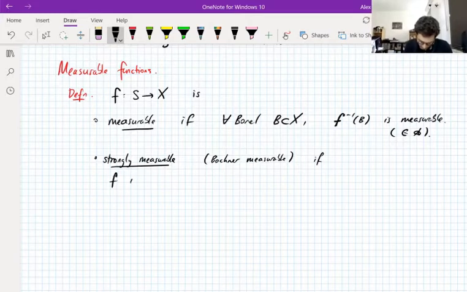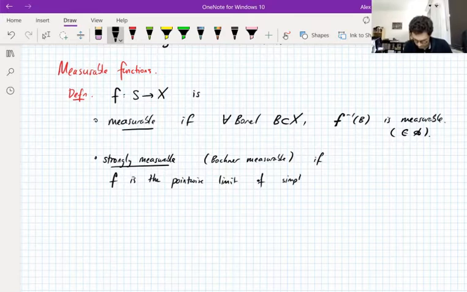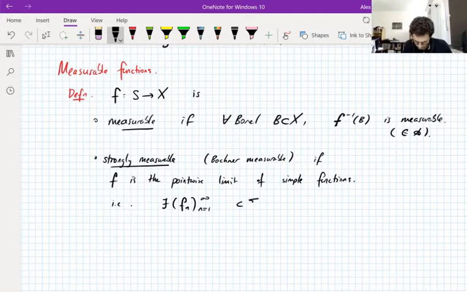F is strongly measurable if F is the pointwise limit of simple functions. So by that I mean there exists a sequence Fn in the set of simple functions such that Fn converges to F everywhere.